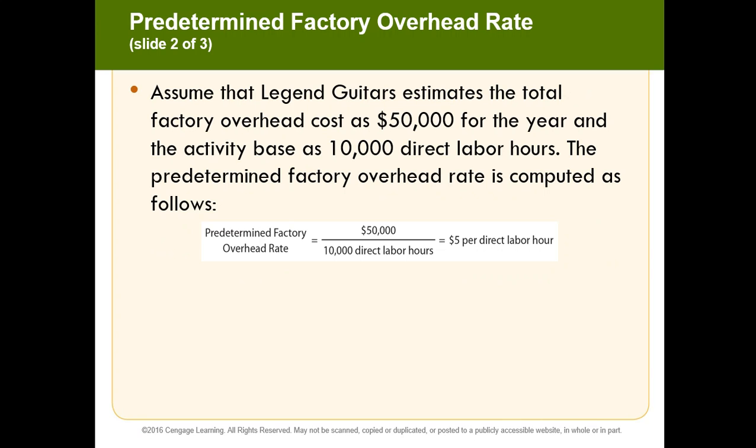So I'm going to divide my estimated overhead cost by my estimated activity base, direct labor hours, which gives me $5 per direct labor hour. That is the estimate I am going to use to apply overhead on a job-by-job basis. All right, so that tells me how to do it.